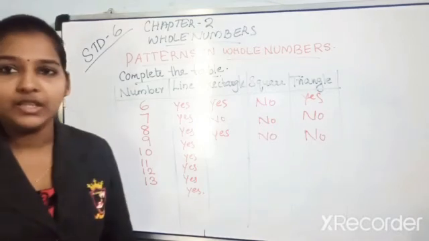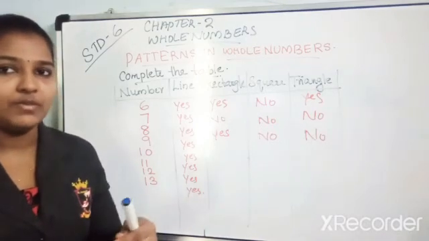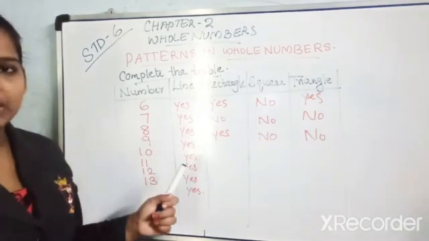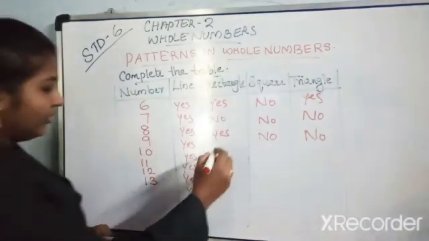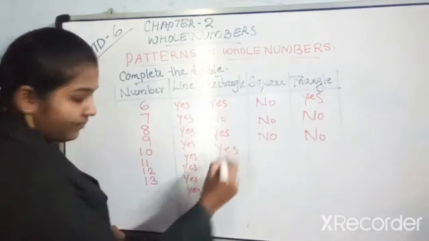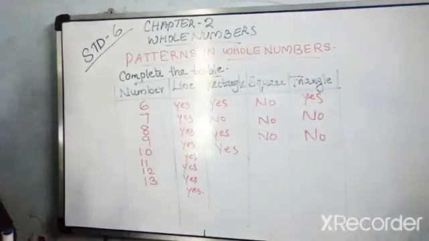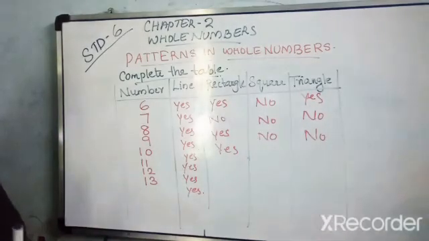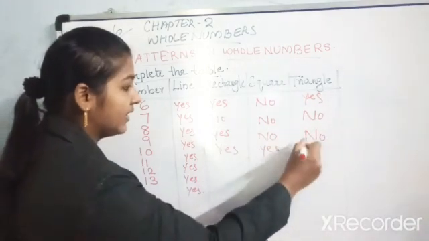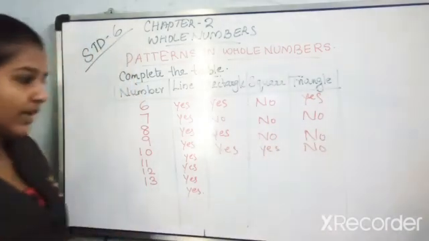So 3 into 3, 3 columns and 3 rows, we can take to arrange 9. Okay. So yes. And this number 9 can be arranged as a square also. And it can't be arranged as a triangle.